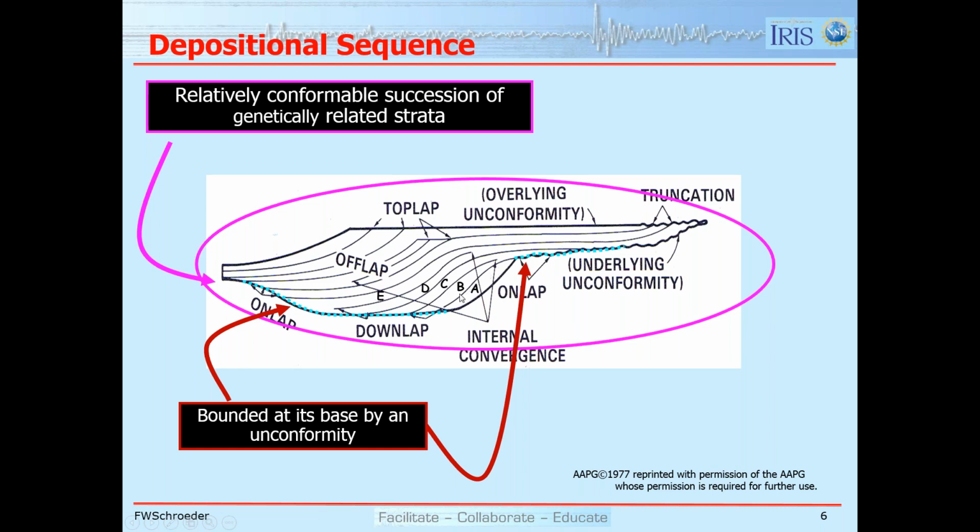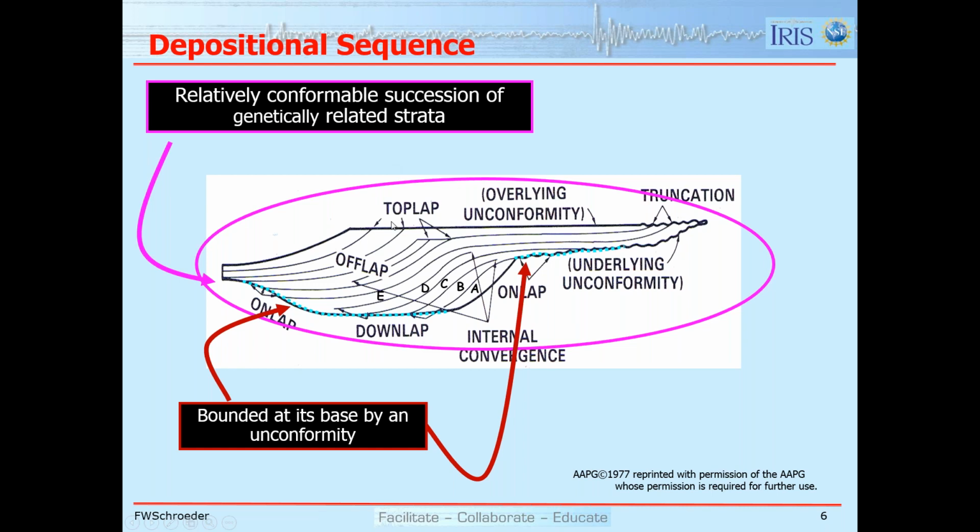The bed boundary or the parasequence boundary between A and B comes down and gets so thin in this position that we no longer can see it seismically. Similarly, the boundary between B and C, C and D and E. We call this type of relationship downlap, and I'll give a more formal definition in a few minutes.